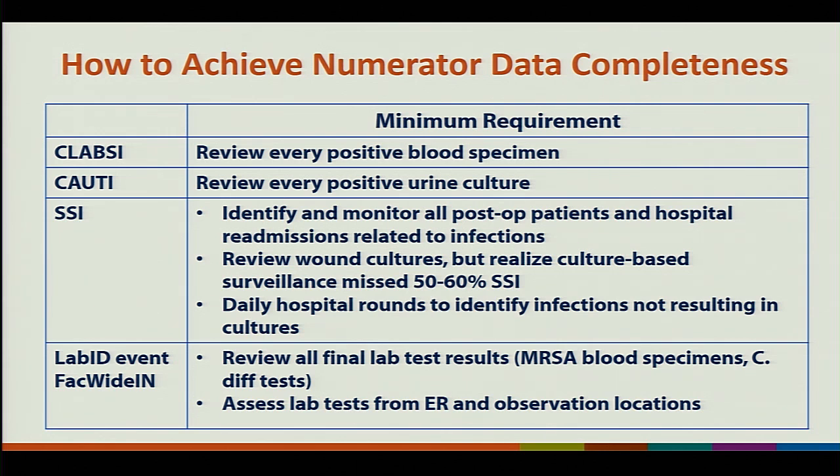If you review just your wound cultures, you're probably going to miss about half of your potential SSIs. So you want to make sure you're doing those rounds in your units to identify potential infections. And for lab ID events, you want to assess and review all lab test results from inpatient, emergency, and observation locations since they're all included.